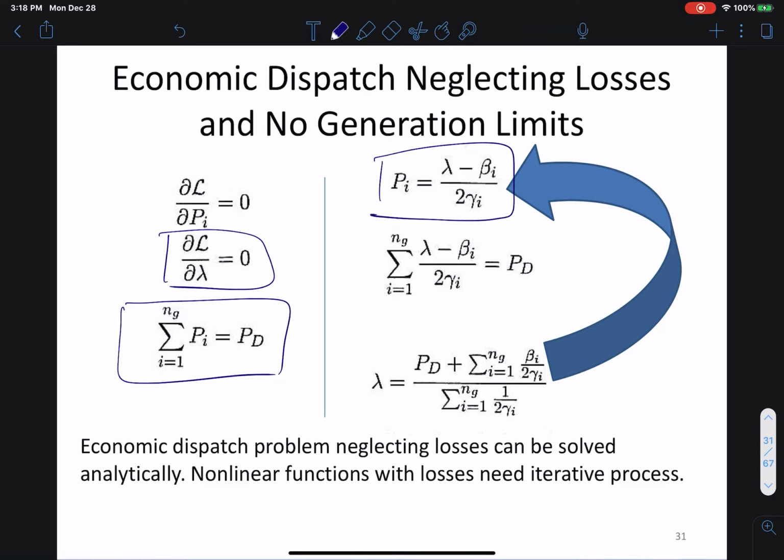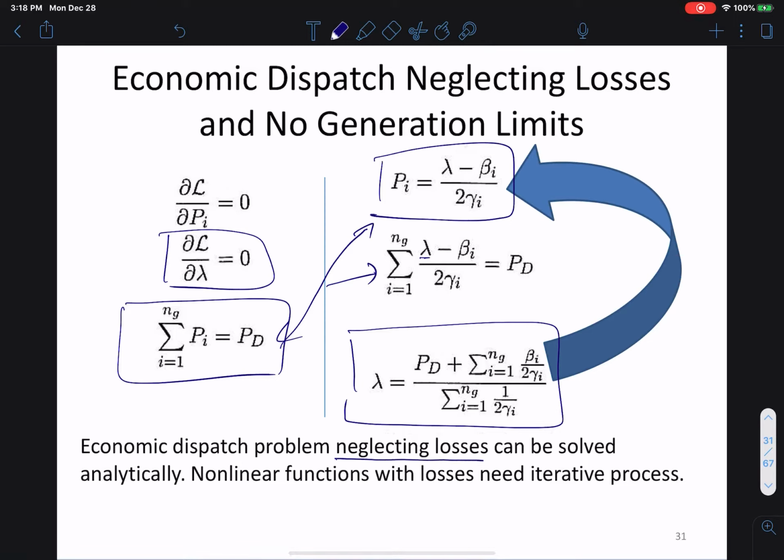Then you can put this equation and this equation together to get this equation over here. With that, you can now solve for lambda, and if you solve for lambda, it becomes that equation right there. So that's lambda. For neglecting losses, your equation can be solved analytically. But when you have losses in there, you need to solve it by the iterative process we learned before. I'm going to show you both here.